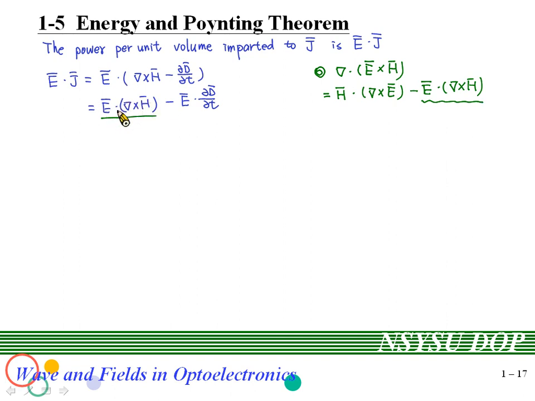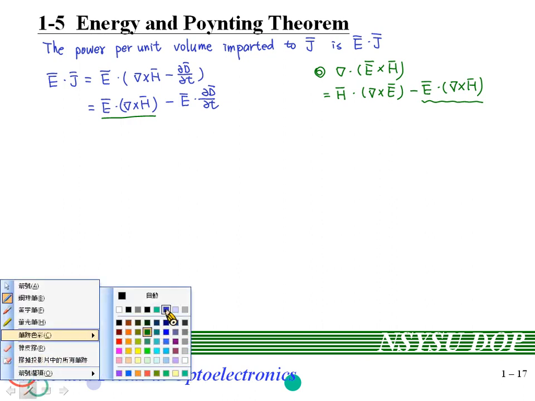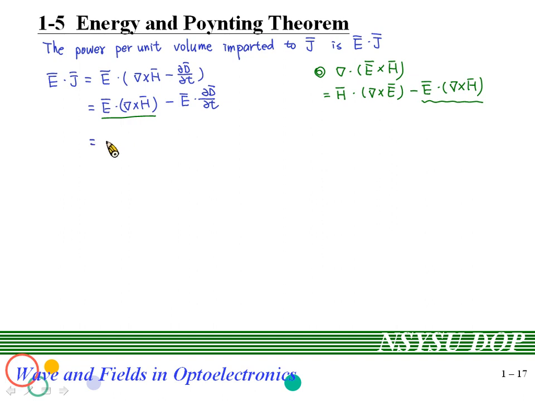So we can replace this term by this equation. So we will have minus divergence of E cross H plus H dot curl E, and write the following term here, E dot partial D over partial t.